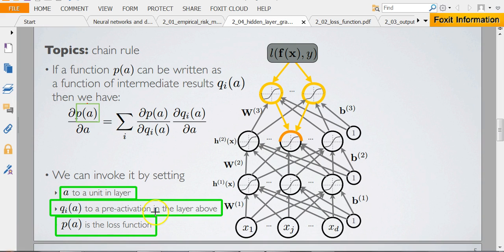So we're going to say that the derivative of the loss function with respect to the output layer is we can take the derivative of the loss function with respect to the intermediate pre-activation layer, and then the derivative of that with respect to the output layer.